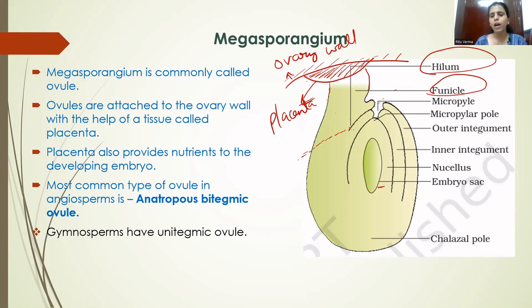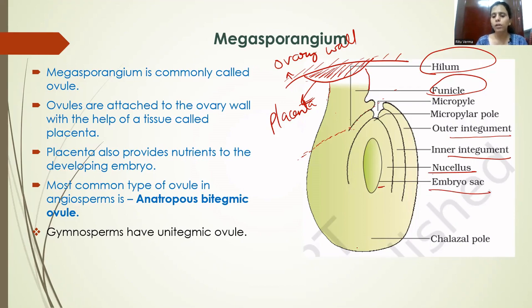The outermost layers of cells form a protective covering known as integuments, and there are two integuments, the outer integument and the inner integument. Inside the integuments there is a mass of cells called nucellus, and this nucellus encloses the embryo sac.